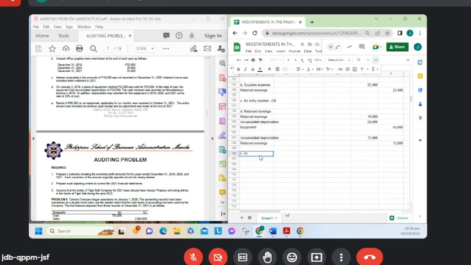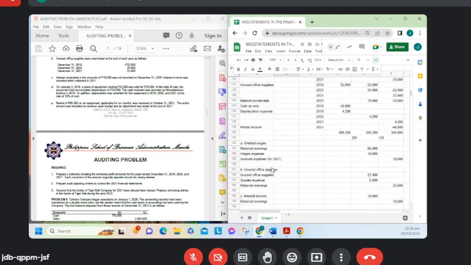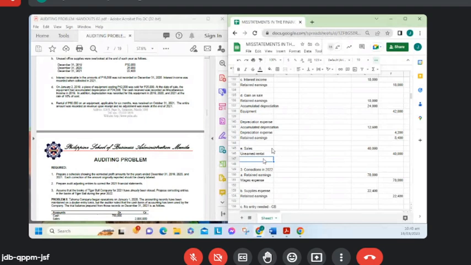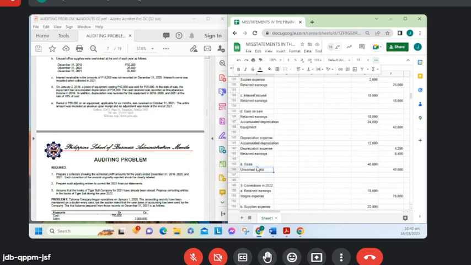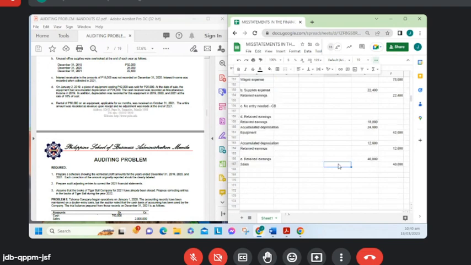Sales, retained earnings. Okay, so these are the adjusting entries to correct the balances or the amounts in 2022.